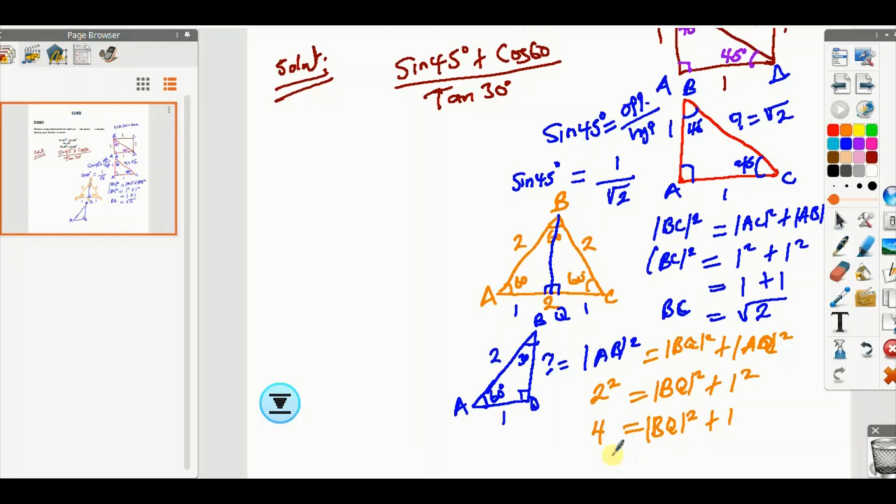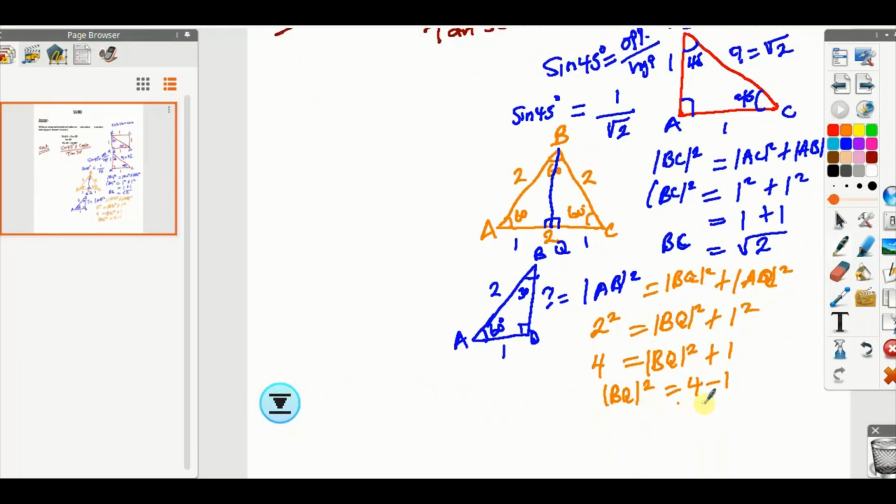So now we have our BQ square be equal to 4 minus 1, which is equal to 3. Both sides, we have BQ will be equal to square root of 3. Right, so here will now be our square root of 3.